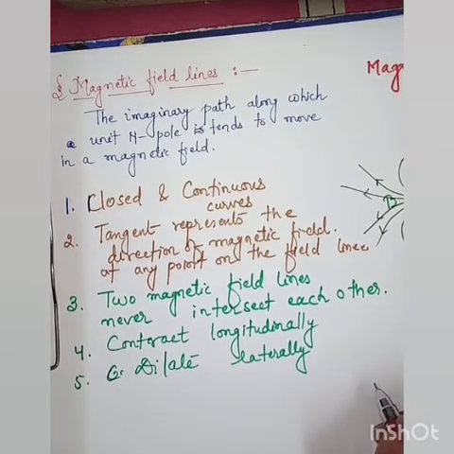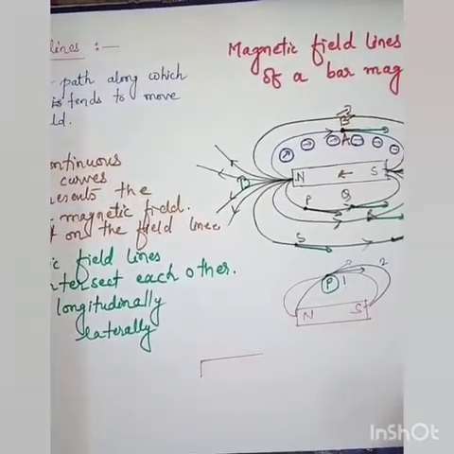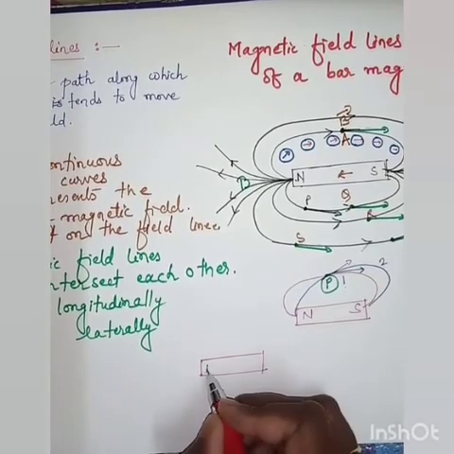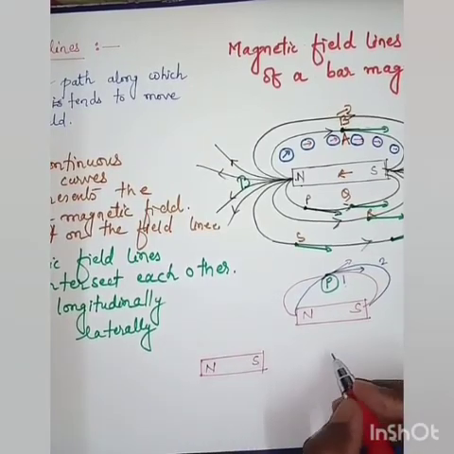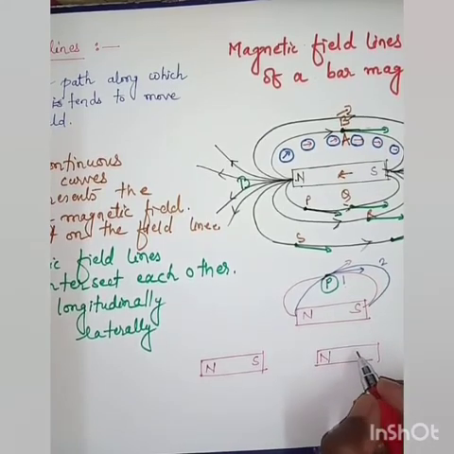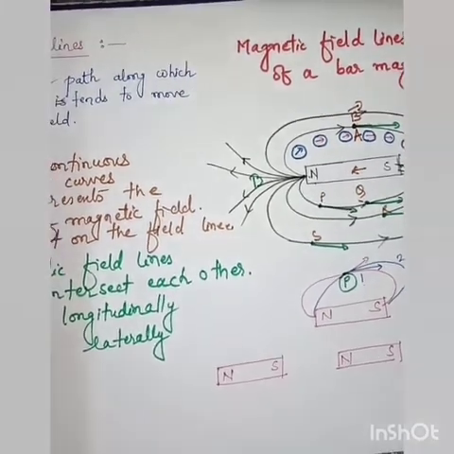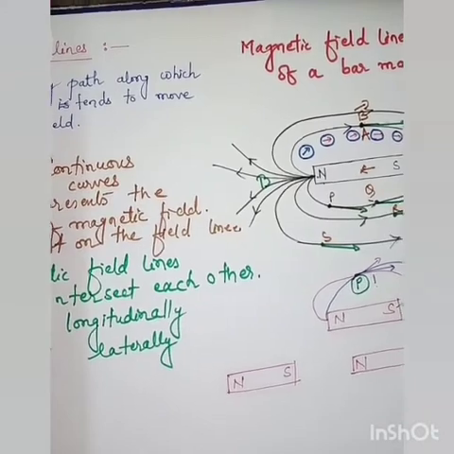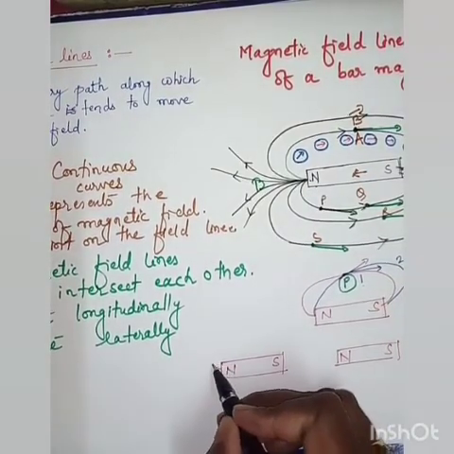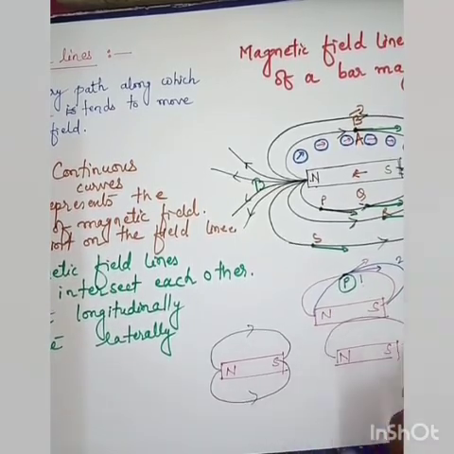Suppose this is a magnet, north pole, south pole, and this is another magnet, north pole and south pole. As the magnetic field lines start from the north pole and end at the south pole, similarly for this also.